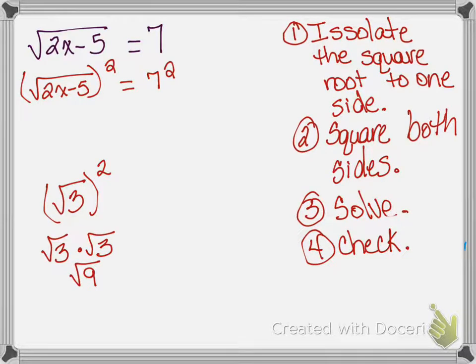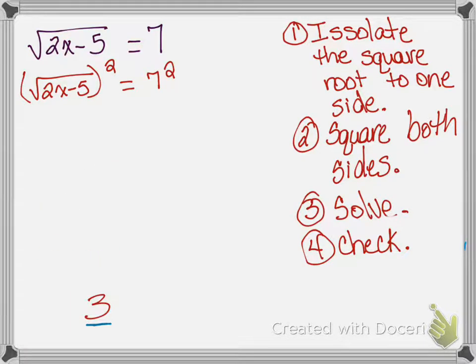And what is the square root of 9? 3. So when I square something with a radical, what I get in the end is what's inside the radical. So when I square the square root of 2x minus 5, what I end up with is 2x minus 5.